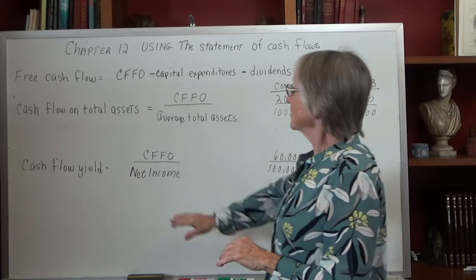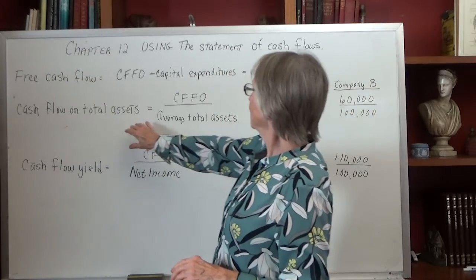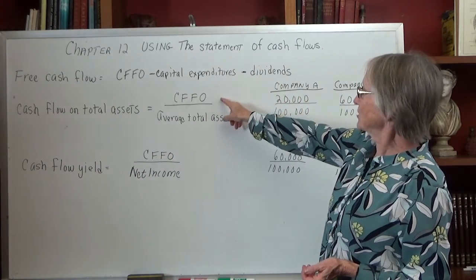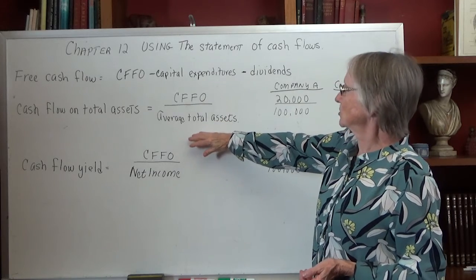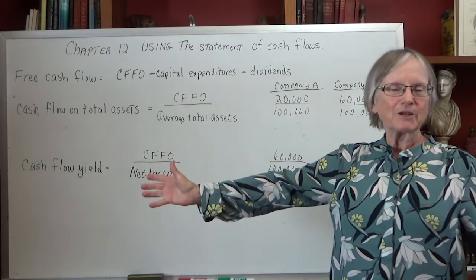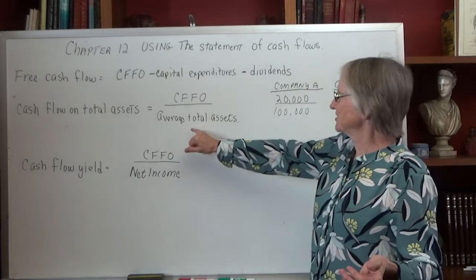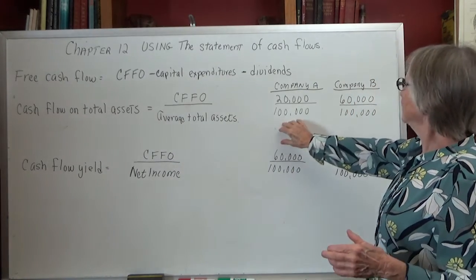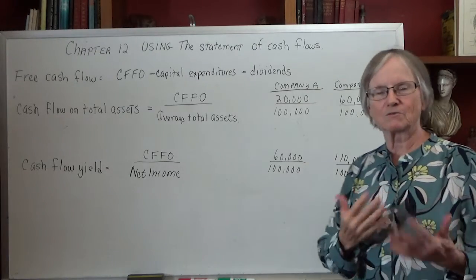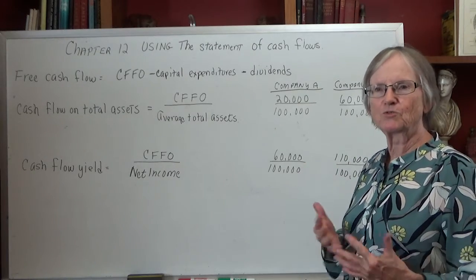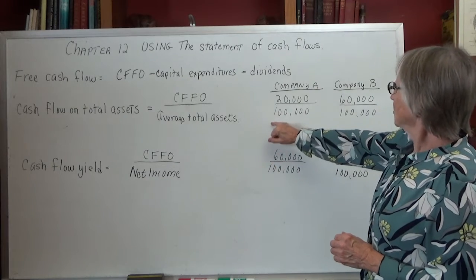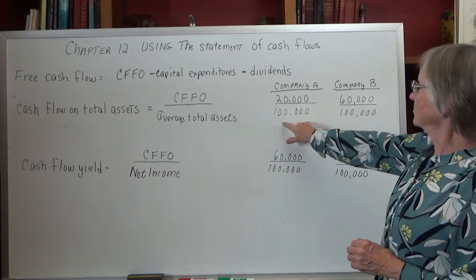One that your book talks about is cash flow on total assets, and this is just a ratio that compares your cash flow from operating activities to your average total assets. Now these may mean nothing when you just look at the formula, but if you take company A and company B and some simple numbers, say the average total assets for both companies are 100,000.